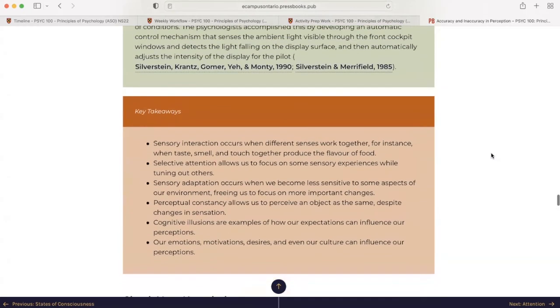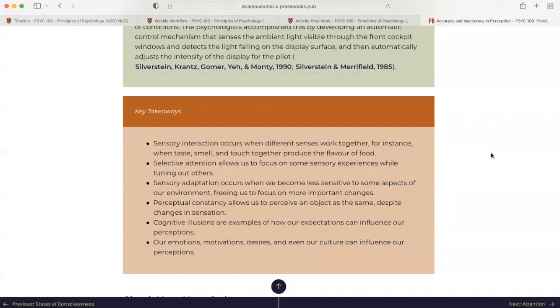So they have some key takeaways from this chapter. Sensory interaction occurs when different senses work together, for instance, when taste, smell, and touch together produce the flavor of food. Selective attention allows us to focus on some sensory experiences while tuning out others. Sensory adaptation occurs when we become less sensitive to some aspects of our environment, freeing us to focus on more important changes.